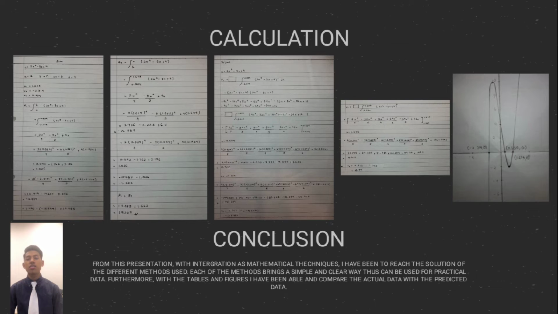So next, 4x to the power of 7 over 7 minus 32x to the power of 5 over 5 plus 16x to the power of 4 over 4 plus 64x cubed over 3 minus 64x squared over 2 plus 16x, integrate with upper limit 0.539 and the lower limit is negative 2.214.